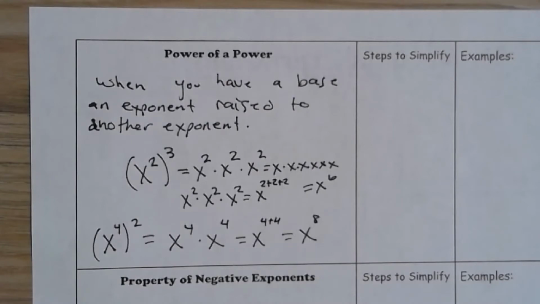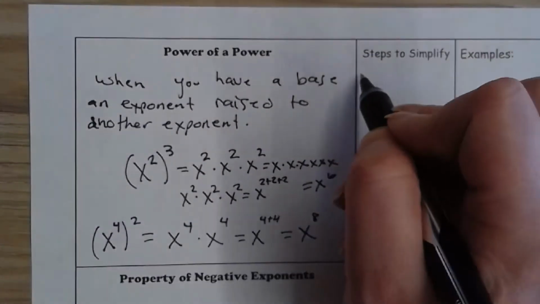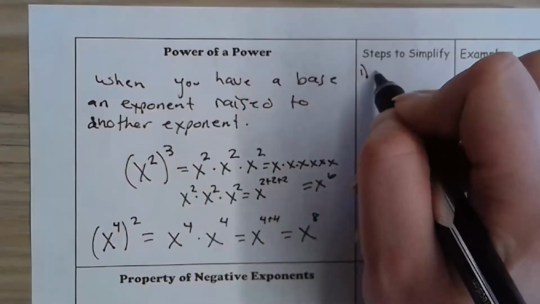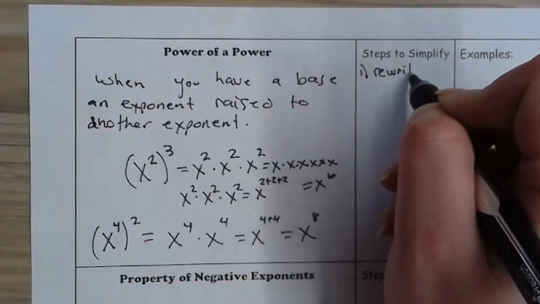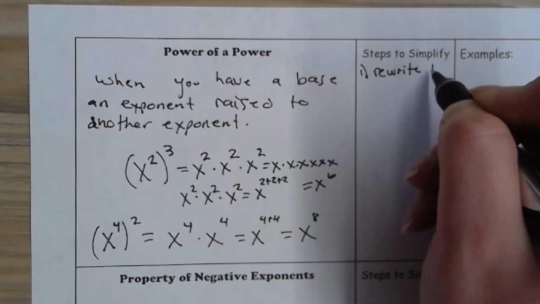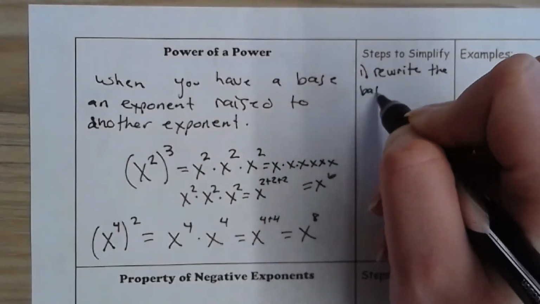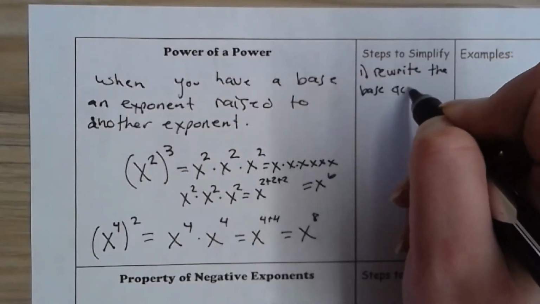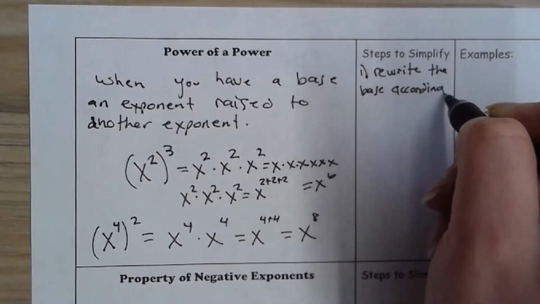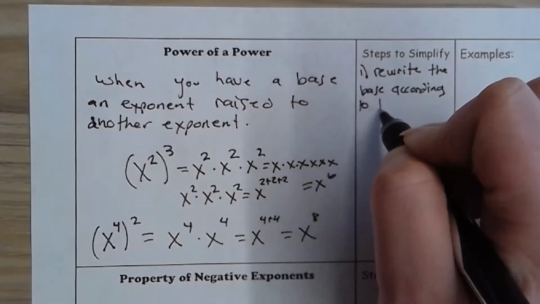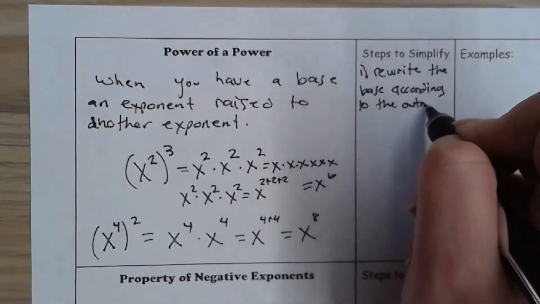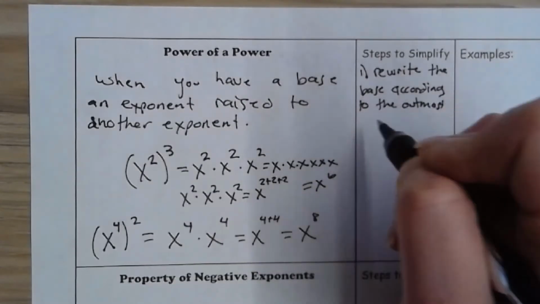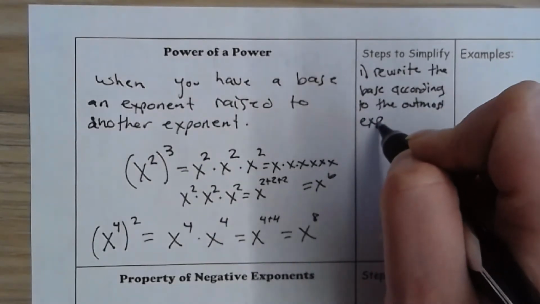Okay, looking at the steps. Step 1, rewrite the base according to the outermost exponent.